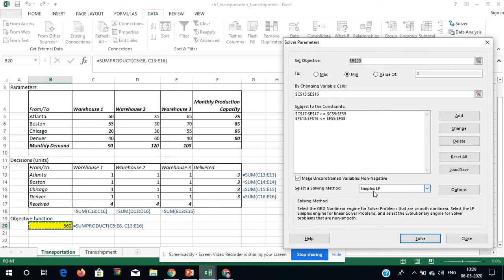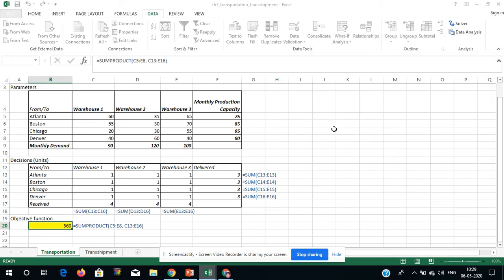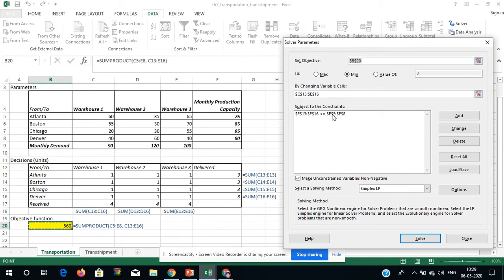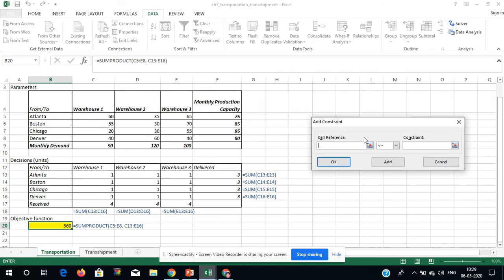Select the solving method as simplex linear programming. If you have some issues, then let me put both constraints here again for you.